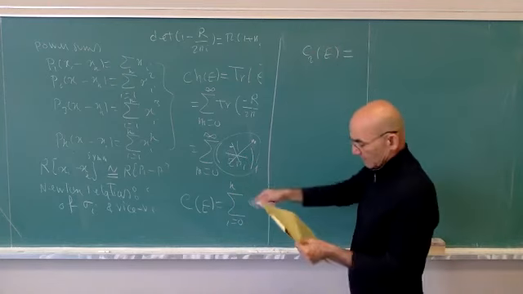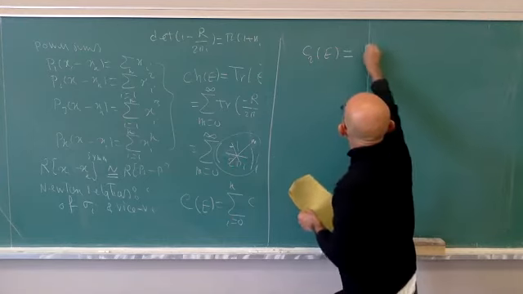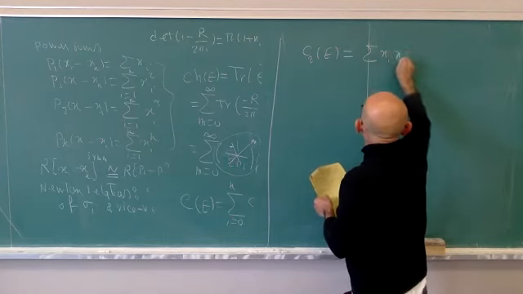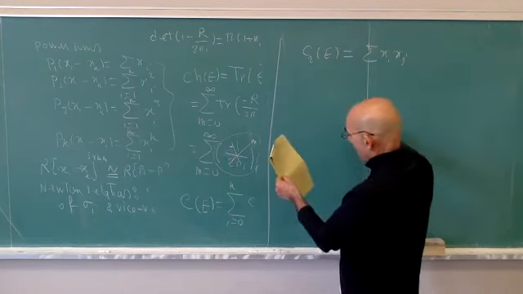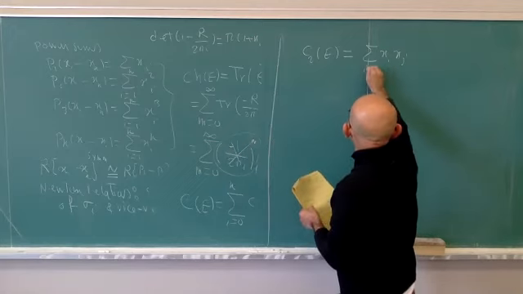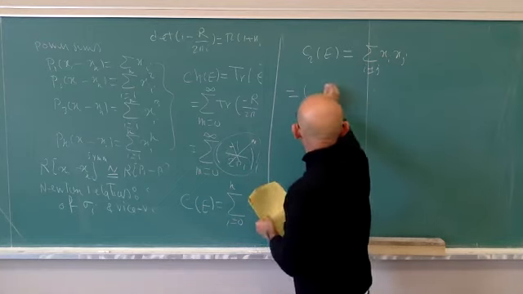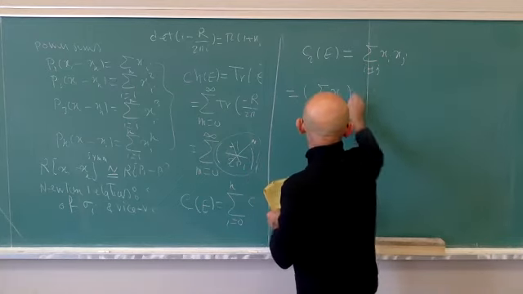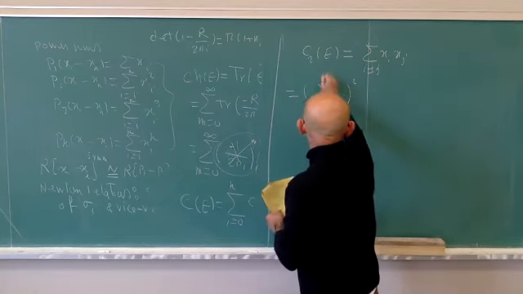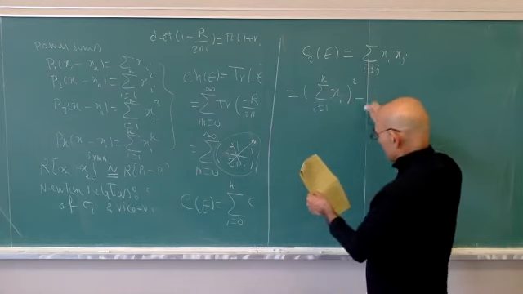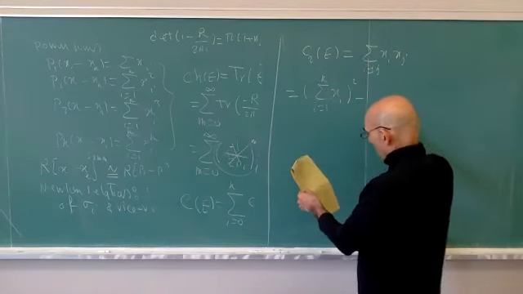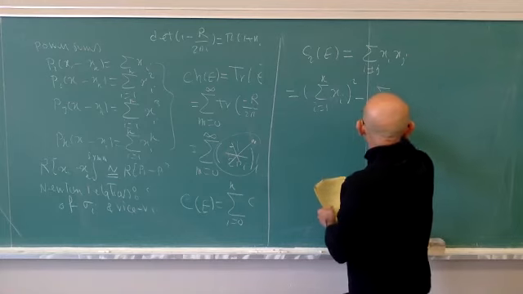Anyhow, let's do c2 of E, for example. The second Chern class is equal to the sum of xi xj, i different from j. You can write it as the sum of xi, squared, minus the sum of xi squared.